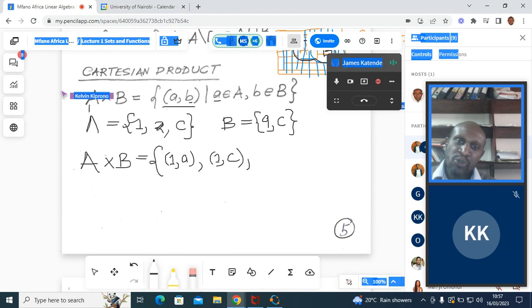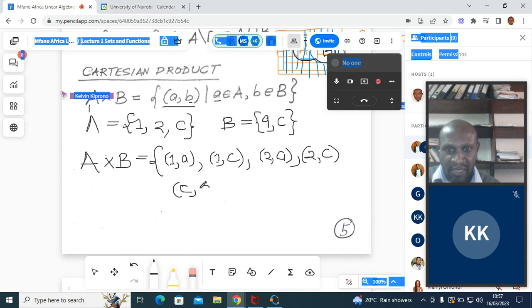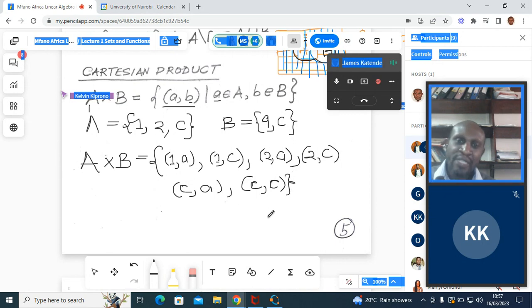Then you move to 2. We have (2, 9) and (2, C). Now all the elements will just be these ordered pairs. Then we can move to C. There we have (C, 9) and the last one is (C, C). So we end up with a total of 6 elements.